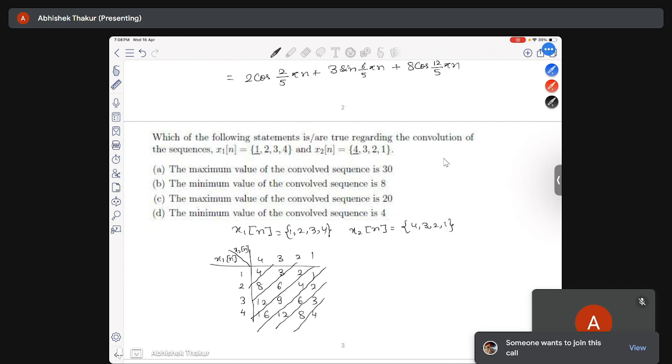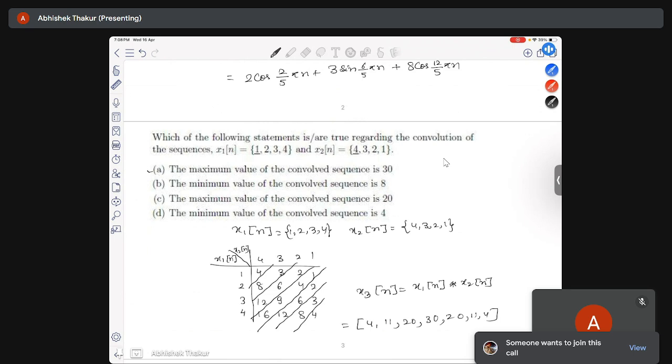So x3[n], that is the convolution of x1[n] with x2[n], will become 4, 11, 20, 30, 20, 11, and 4. Sorry, the answer will be 30.